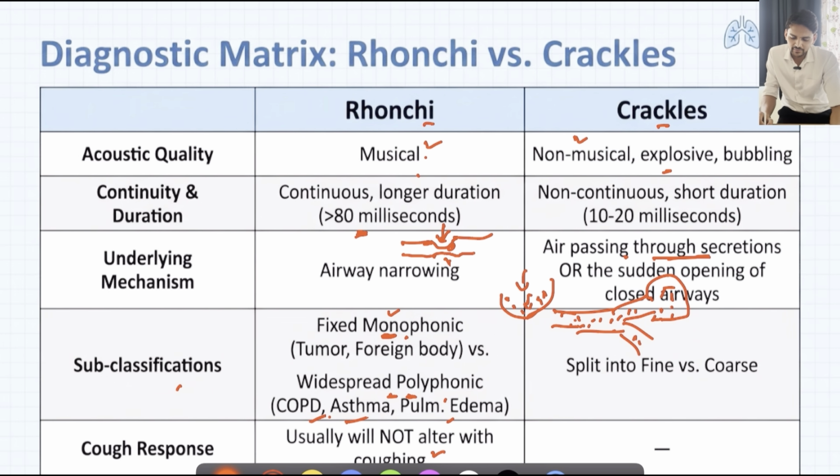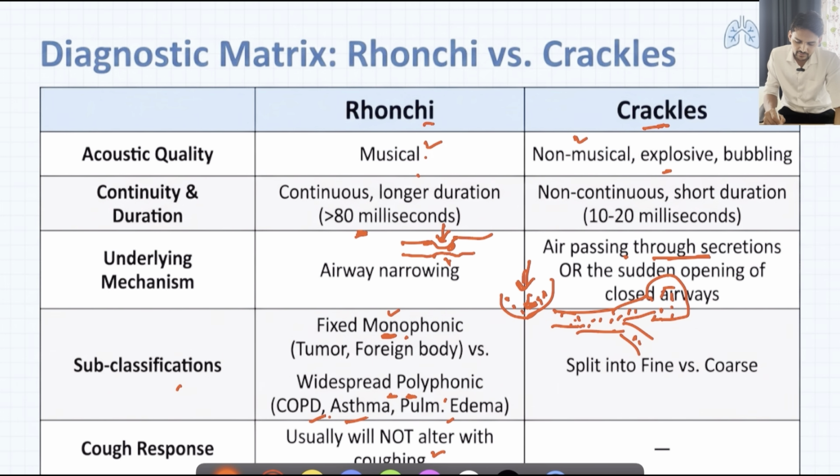Or the other mechanism might be due to sudden opening up of the closed airways. You might have seen this opening up of a crumpled tissue paper. Whatever that sound you will hear, right? Just like that, crackles will be there. So just remember, blowing through the water, that bubbling sound, and opening up of a crumpled tissue paper, that is what crackles will be heard as.